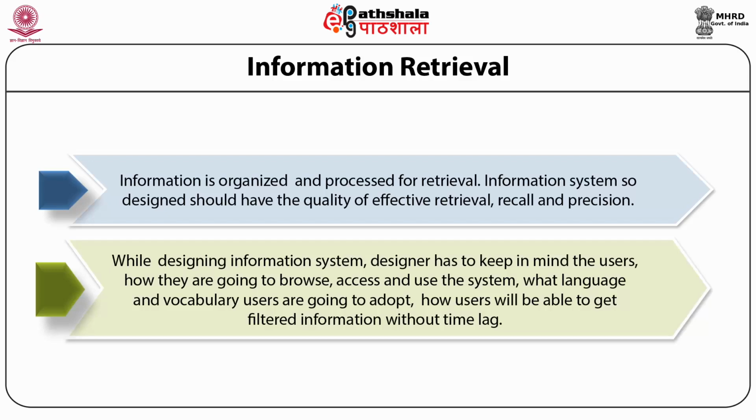So information retrieval has to be effective and has to be developed in view of the user group for whom it is being developed. An information retrieval system is able to filter information properly and can locate the information as is required by the users.